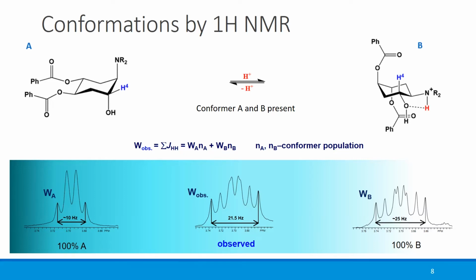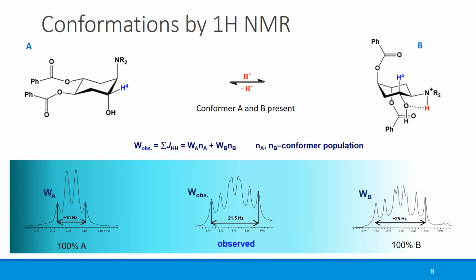A coupling of approximately 10 Hertz, which is shown on the left, is going to indicate that there is a majority of molecules in conformation A. And you can see that it has that narrower signal that's also going to signify that. A coupling of about 25 Hertz on the other side of our graph on the right is going to indicate that we have a majority of molecules in conformer B, so with those axial tails, and that's going to be a much wider signal.